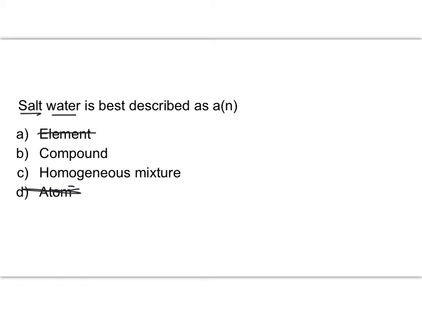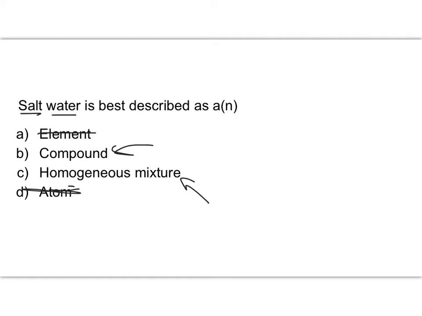So now the question is salt water a compound or a homogeneous mixture? Remember that a compound is groups of elements bonded together in a fixed ratio that can't be separated physically, whereas a homogeneous mixture is two or more elements or compounds that are mixed together physically but not bonded together chemically.